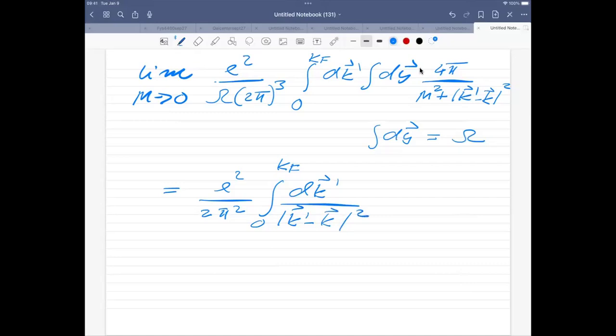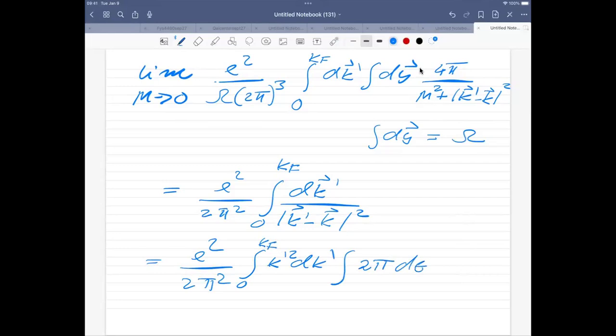And this is something which I can open up now, and I'm plugging in the spherical coordinates. So I would have an integral over 0 up to kf, and then I have a k prime squared dk prime. Then, since there is no dependence on the angle phi, I get a factor of 2 pi. And then I have a d theta again of sine theta.